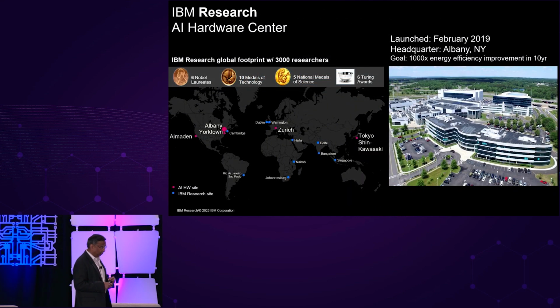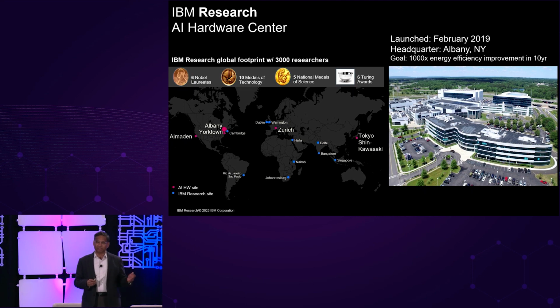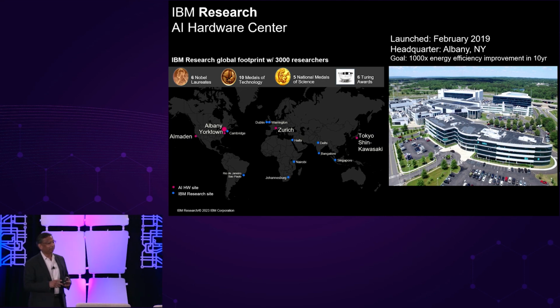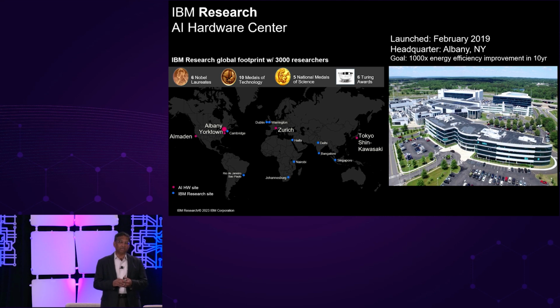To give you a little bit of background on IBM Research, as you can see on the left-hand side, IBM Research has been around for more than 75 years. And we are very proud to be always working on technology of very high interest to society. These days, as you can see, we have 19 locations worldwide, of which the locations identified in pink are the locations where we drive AI hardware technology.